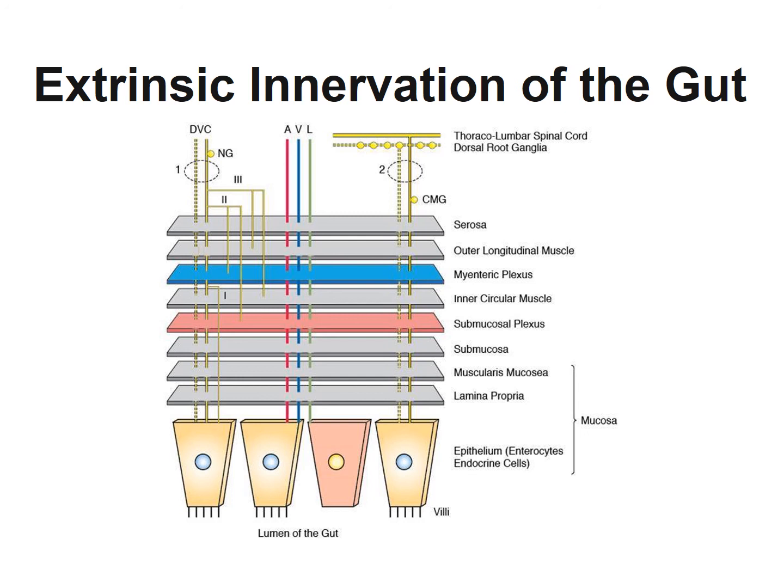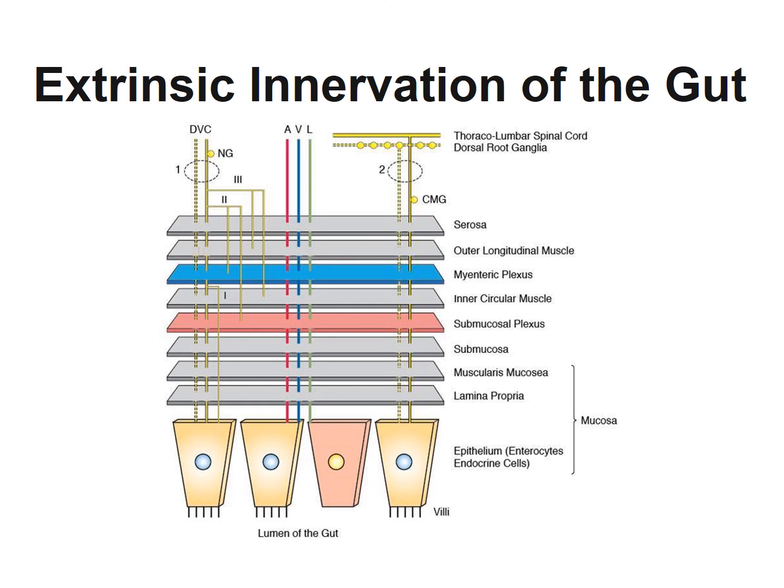Now, the enteric nervous system, as well as the different layers of the gastrointestinal tract, are also supplied by 2 extrinsic nerves. When I say extrinsic, I mean nerves that are outside the gastrointestinal wall.